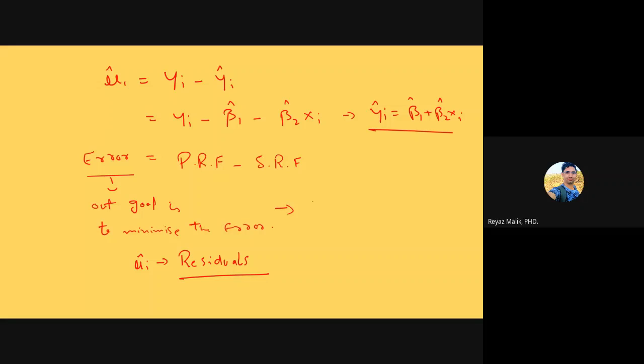What does that mean? That means the sample regression function should be as close as possible to the population regression function.